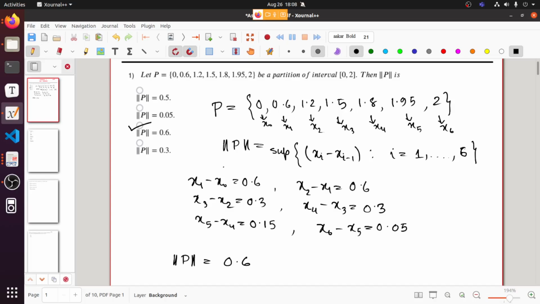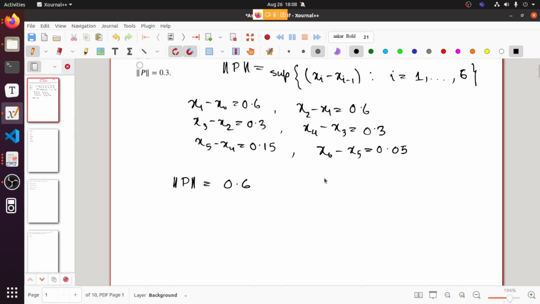So find the difference between xi and xi minus 1 and look at the maximum among them. You can see that 0.6 is the maximum, so the norm of the partition is 0.6. Is it fine?